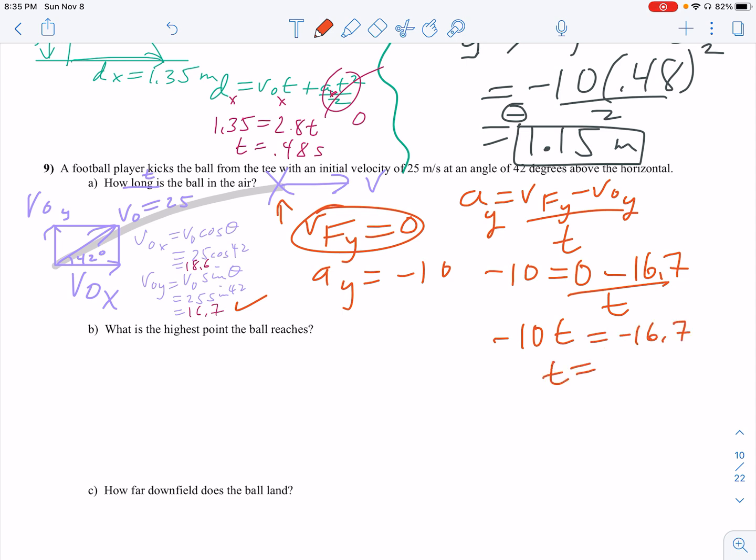So T, to get to the top, is 1.67 seconds. So how long is the ball in the air? That's the total time. It'd be 2 times 1.67, whatever that is.